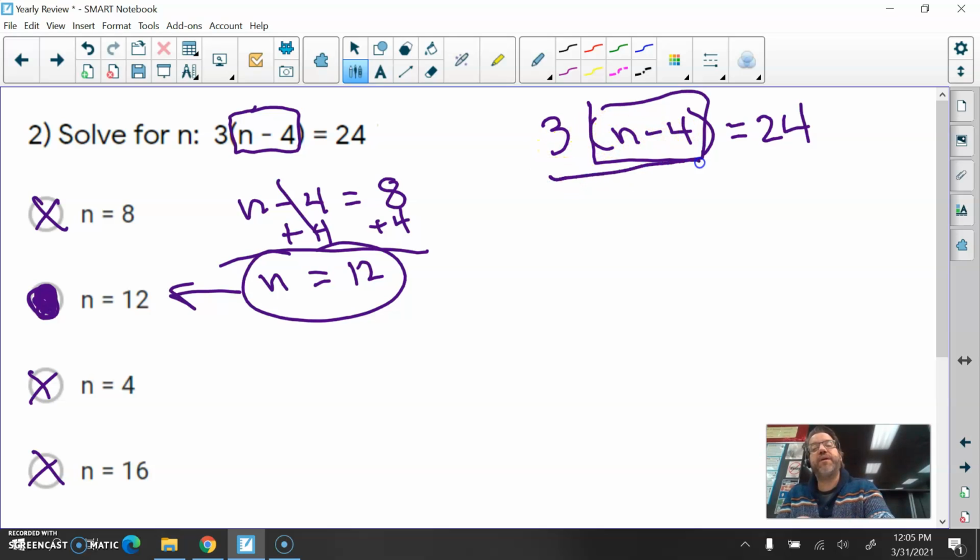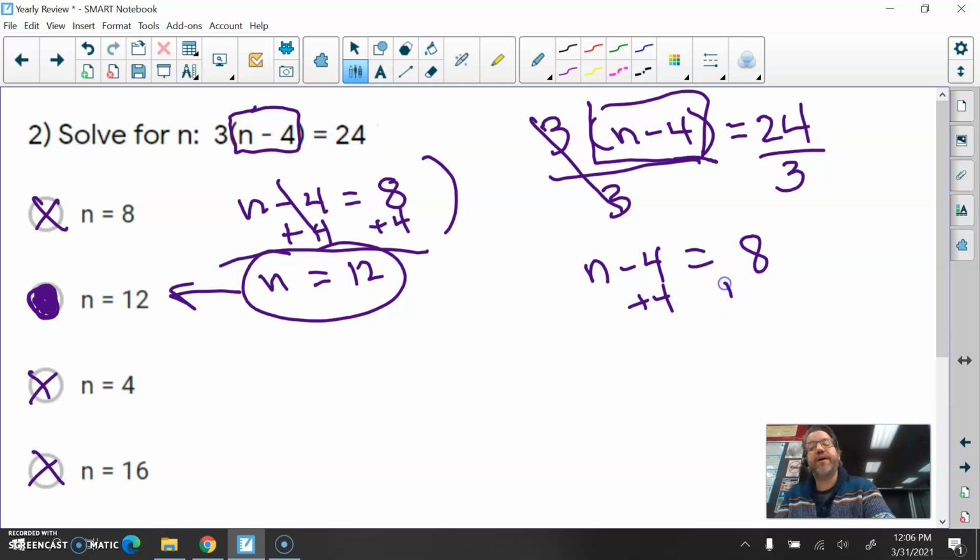We can undo that by dividing by 3, because dividing is the inverse of multiplying. 3 divided by 3 is 1, so we have 1 times n minus 4, which is just n minus 4. It equals 24 divided by 3, which is 8. And then you just have your one step just the same as you had over here. Add 4 here, add 4 here. And that's gone, those cancel out, n equals 12.